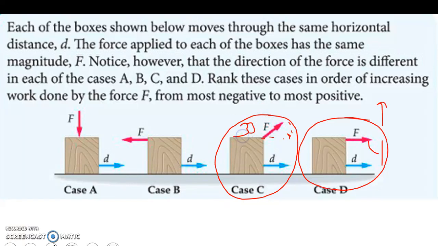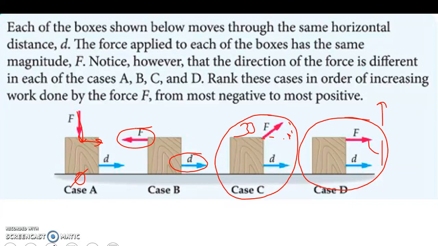Now I want to look at A and B and see which one has more work done. In the case of A, force and displacement are perpendicular to each other, which means my work is going to be 0. But in case B, and here's what's important, my displacement is going this direction, but my force is going in the opposite direction.